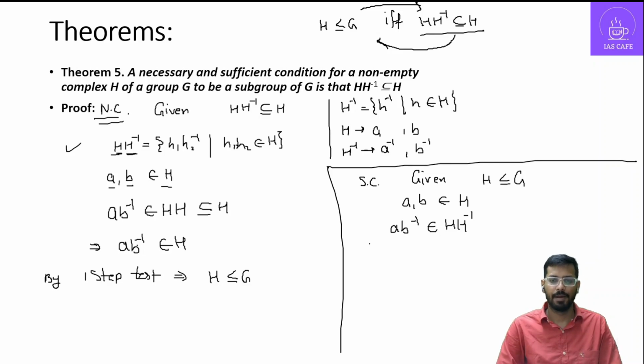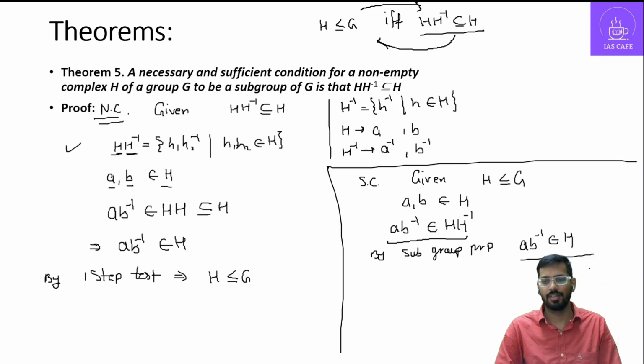Okay, but by the subgroup property, we can say A B inverse belongs to H, by one step test. So from this we can say H inverse is a subset of H, hence proved.